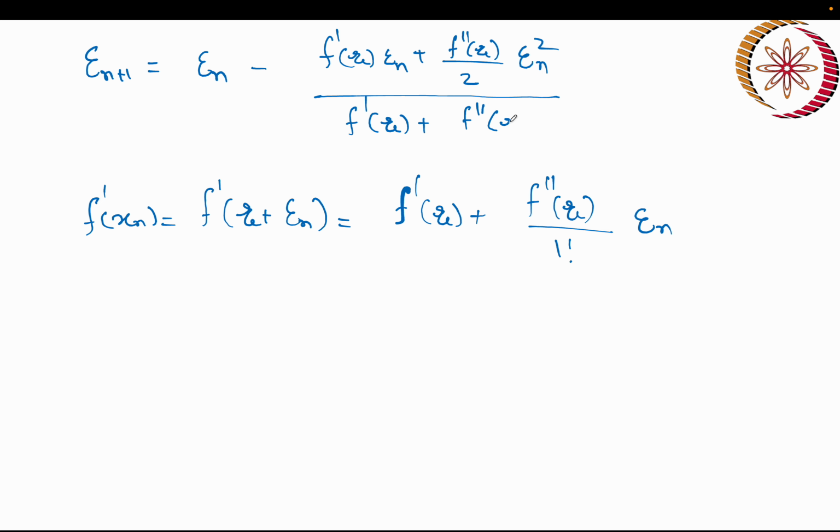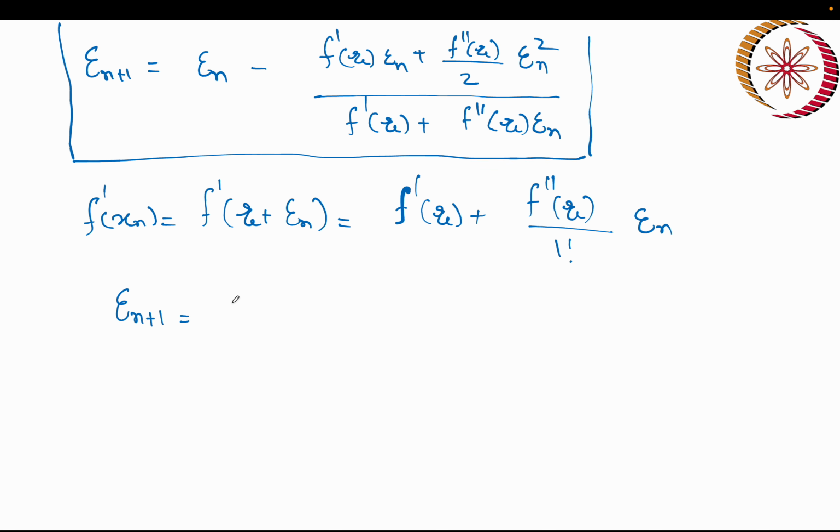This is the equation that we have, and we can proceed and simplify it as we did for the regula falsi method. So epsilon n+1 is equal to epsilon n minus, and this term is common, so we can divide the numerator and denominator by it.